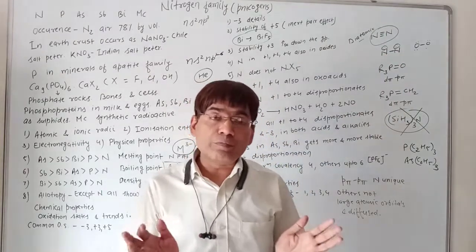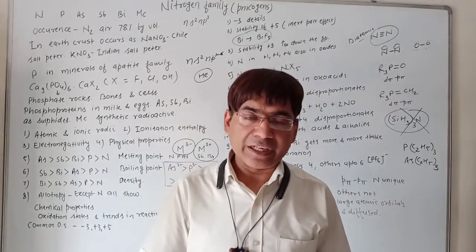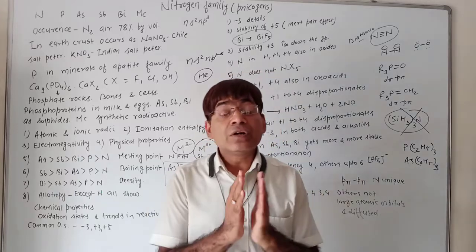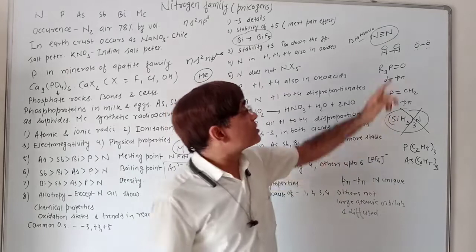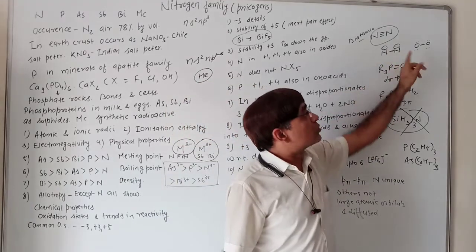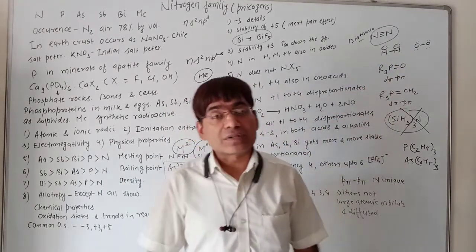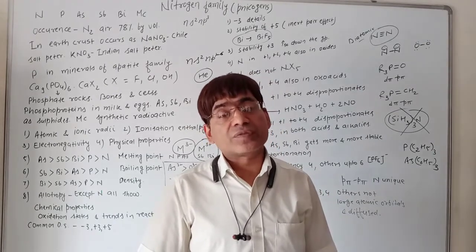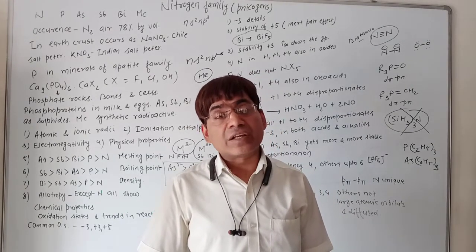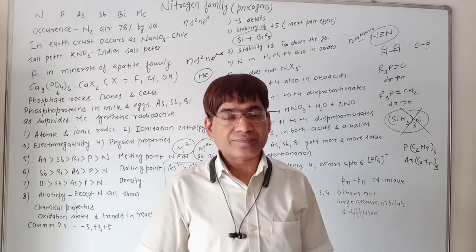So these lone pairs also get close to each other, and because of their closeness, there are strong repulsions between the two atoms, and because of these repulsions, the single bond between nitrogen-nitrogen or oxygen-oxygen is weaker than phosphorus-phosphorus or sulfur-sulfur single bond respectively.